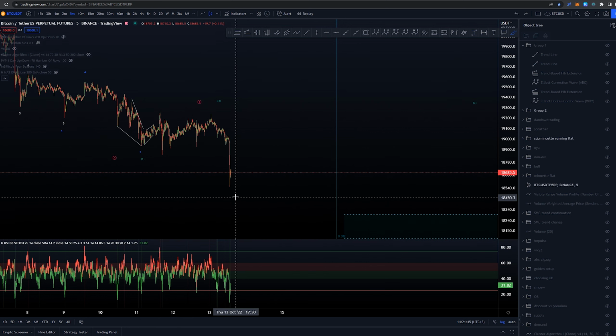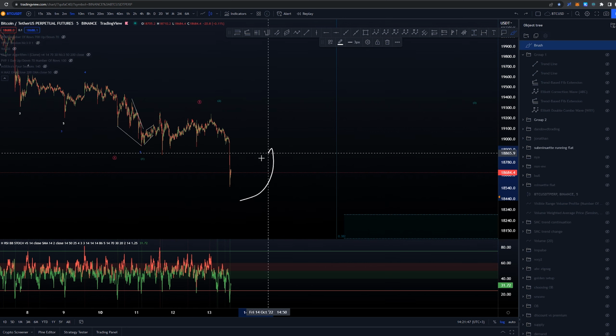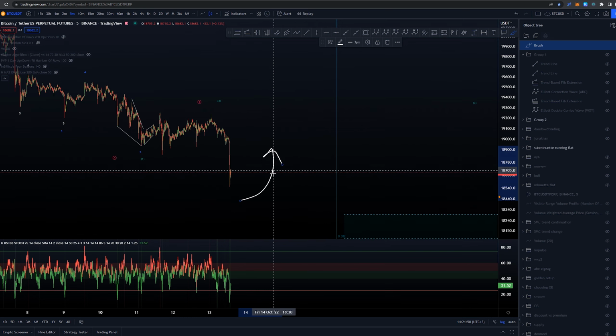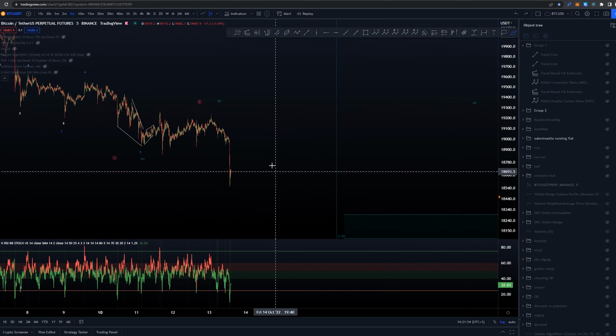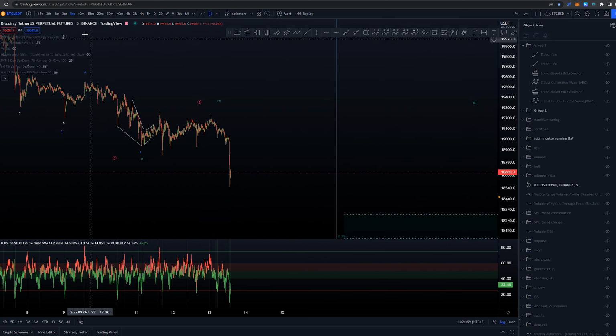So both of these are looking at scalp longs here after some kind of divergence has been formed, but of course that is not anything concrete, and we can just dump downwards. So you have to be careful with that.